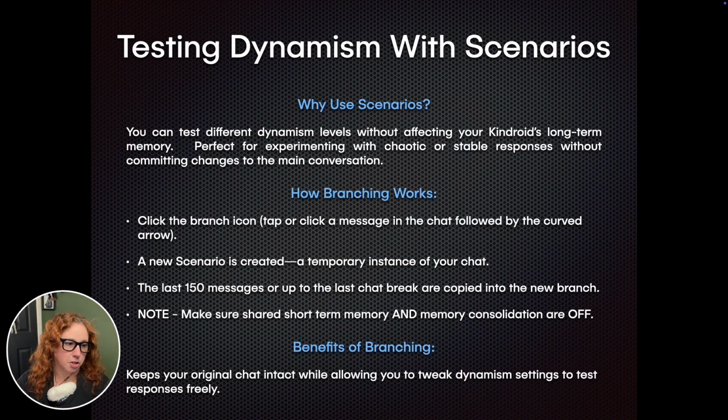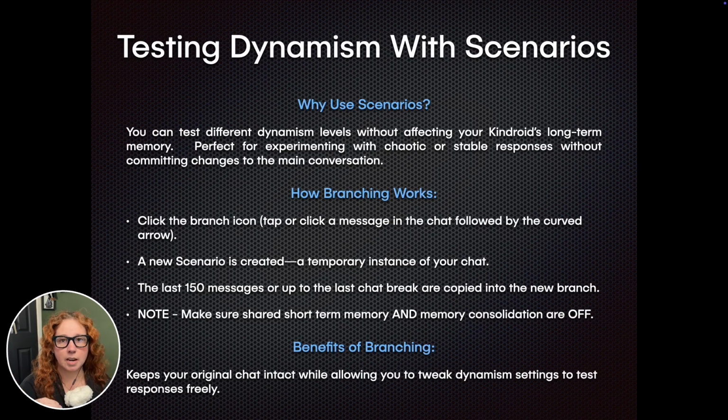So the benefits of branching: it keeps your original chat intact, which is your one-on-one, while allowing you to tweak dynamism settings to test responses freely. You can go in there and bump it up 2 spots for 10 or 15 messages, then bump it up 2 more for 10 or 15 messages.